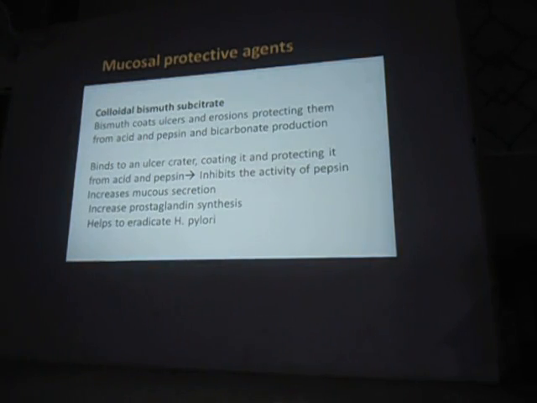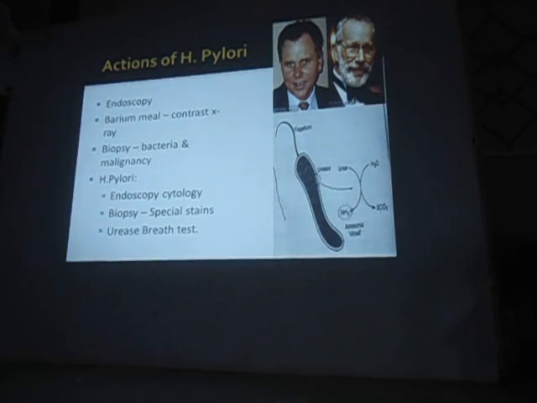Once it binds to the ulcer crater, coating is there, production of acid and pepsin is reduced, mucus secretion is increased, prostaglandin is increased, and it helps in eradication of H. pylori. These are the scientists who got the Nobel Prize for discovering H. pylori.